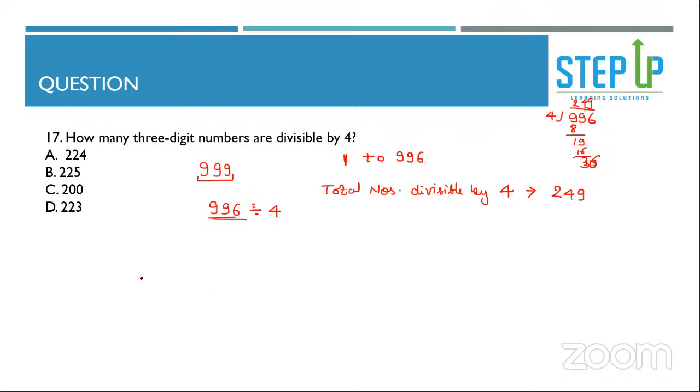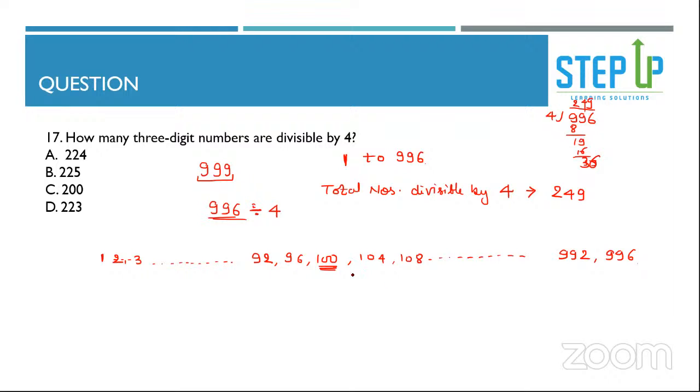All right, 249. So 4, 8, 12, and so on up to 92, 96, 100. From here, 3-digit numbers will start: 100, 104, 108, and so on up to 992, 996.